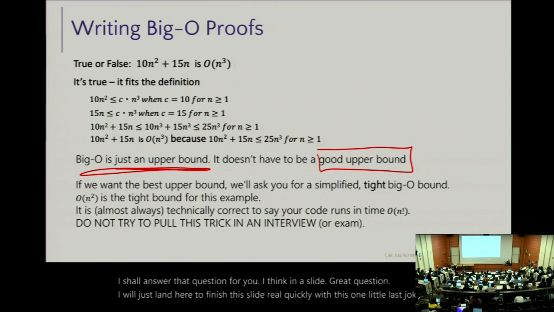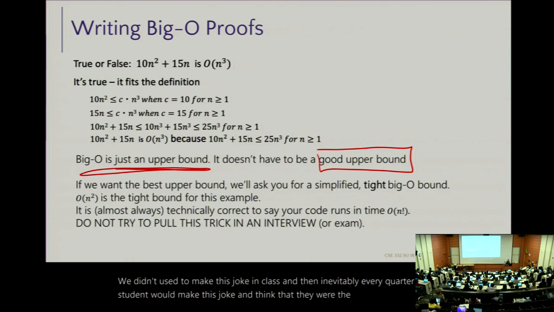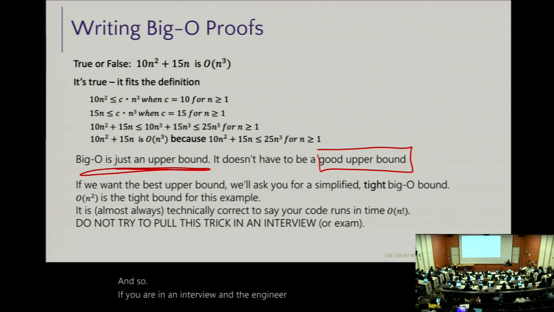We didn't used to make this joke in class, and then inevitably every quarter some student would make this joke and think that they were the first person to ever come up with it. If you are in an interview and the engineer says, what is the big O of this function?